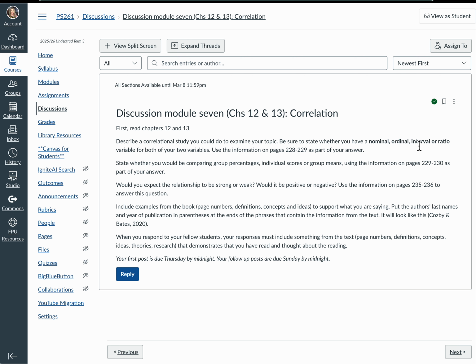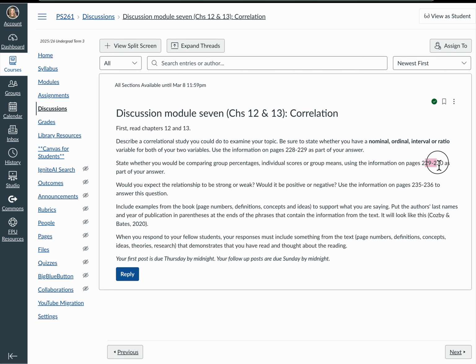And then interval or ratio would be like time or temperature, something that has a specific amount in between. The difference between these is that interval is like temperature, where a 0 doesn't really mean anything. It's just a 0 temperature, but that doesn't mean there's no temperature. And then ratio is where a 0 does mean something, like how many drops of water. A 0 really does mean something.